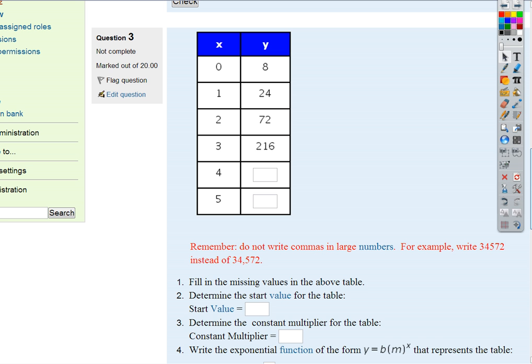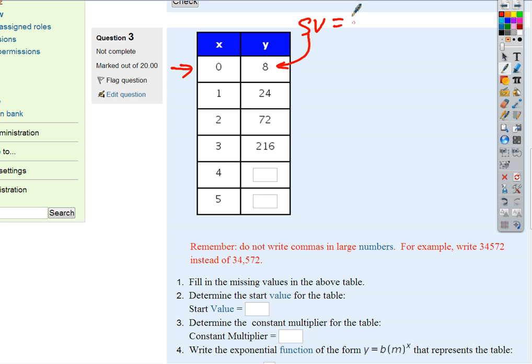This is one that we didn't talk about exactly like this, but you guys should know how to do this. If you want to find the start value, remember what we said about that. That's the value of the function when x is 0, right? So what is it? 6? No. It's 8. Because here's where x is 0, so this must be the start value.